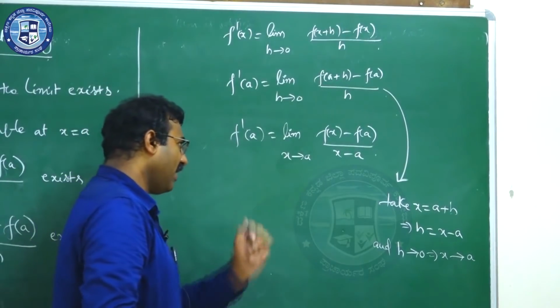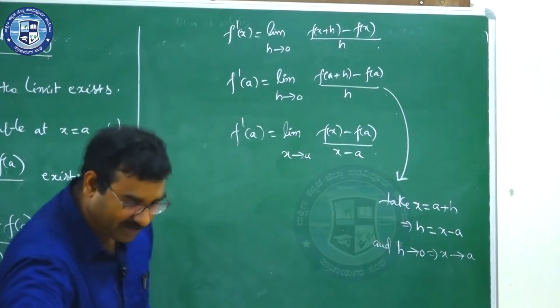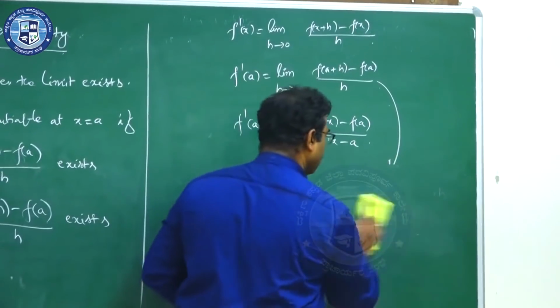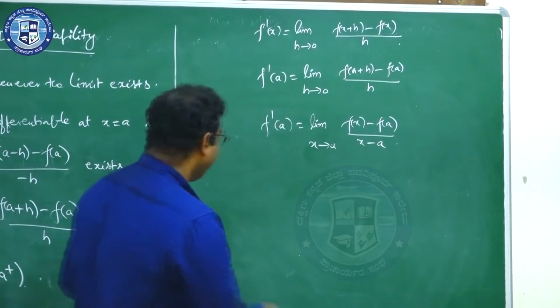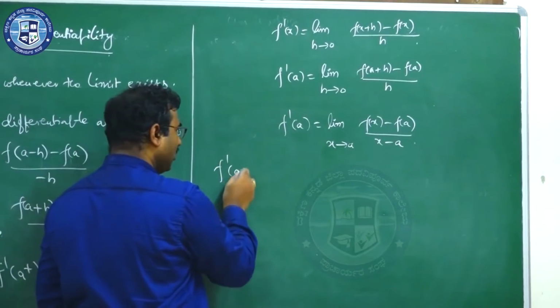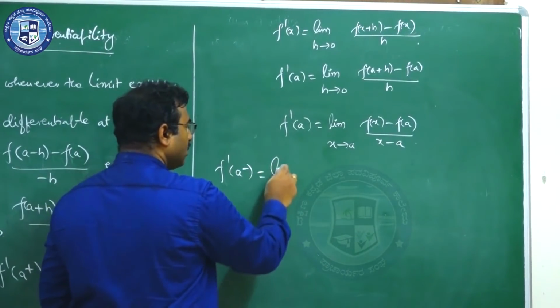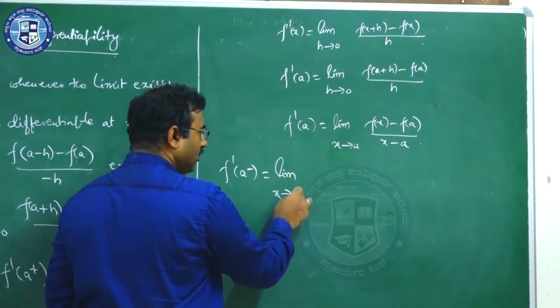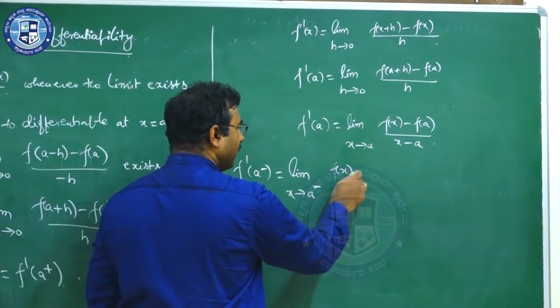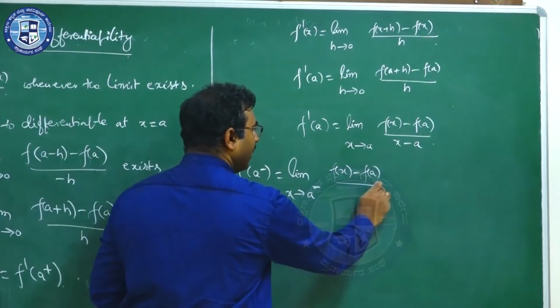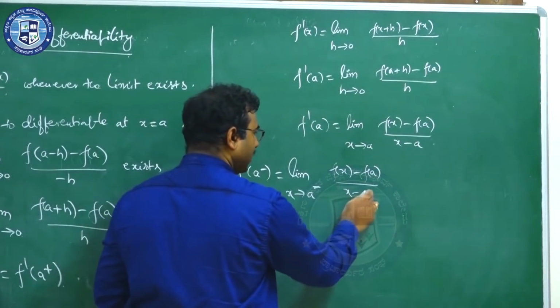Now if we go for the left hand derivative at point a, so f dash of a minus, limit x tends to a minus of f(x) minus f of a divided by x minus a.